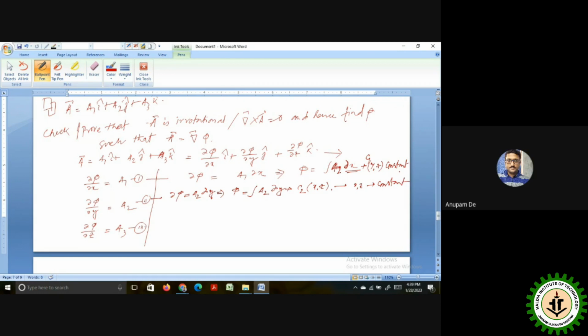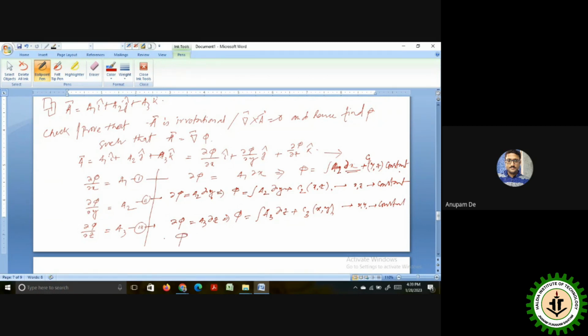And similarly, from the last one, I will write del phi equal to A3 del z, which will imply phi equal to integration of A3 del z plus C3 of x, y, where x, y are constant. So what will then be the phi?